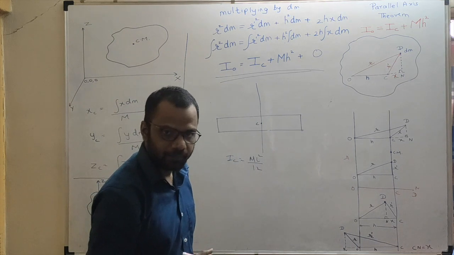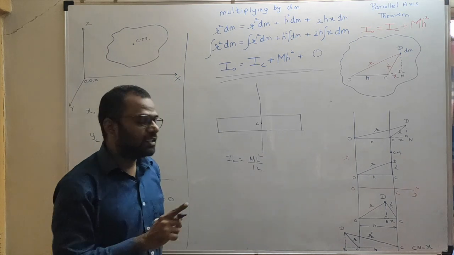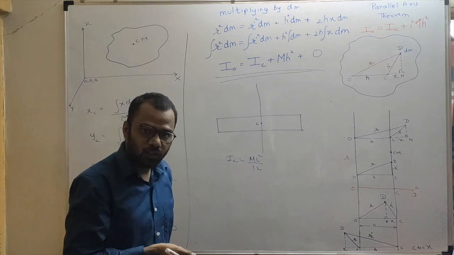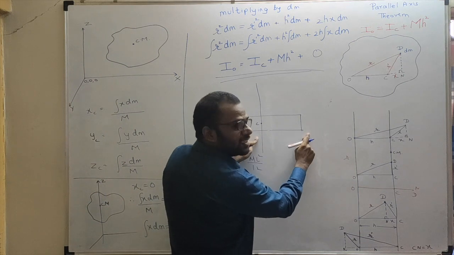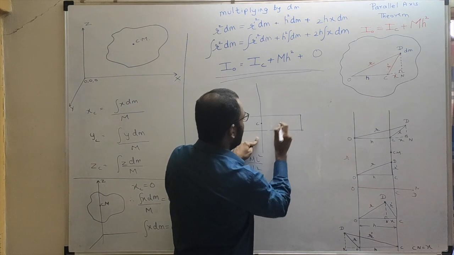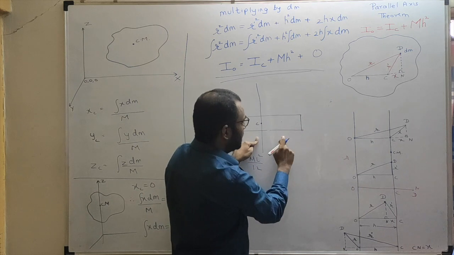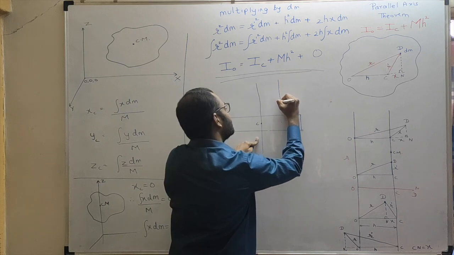Now suppose the question is, what is the moment of inertia of a rod about an axis perpendicular to its length and passing through the midpoint between its center and its edge. So this is the midpoint between its center and its edge, and the axis passes through this point and perpendicular to the length. That means the axis will be like this.